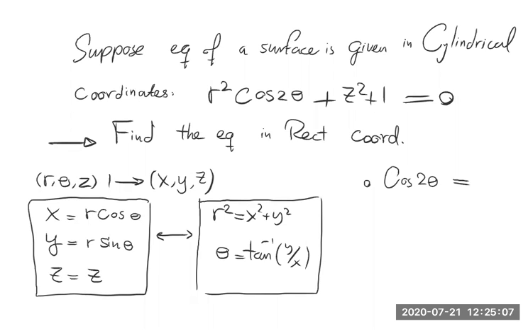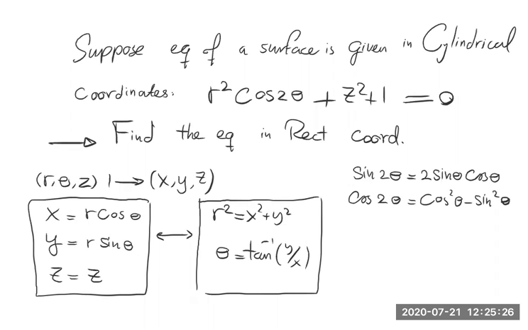Yeah, that's correct. So let me write these two. Sine 2 theta is 2 sine theta cosine theta. And cosine 2 theta, well, one formula is cosine squared theta minus sine squared theta. You need to use these equations here.